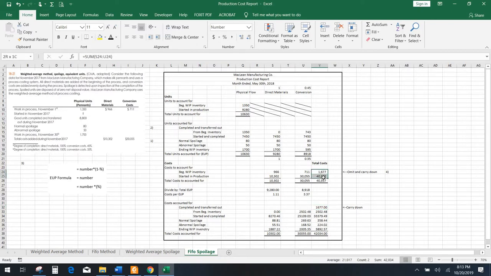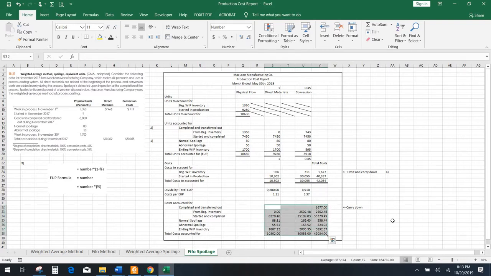So if I did this, 4203, they equal. So because I omitted it, they didn't equal, but these numbers look correct. 1877, and they do match the numbers that I have in our notes. So they seem to be correct.